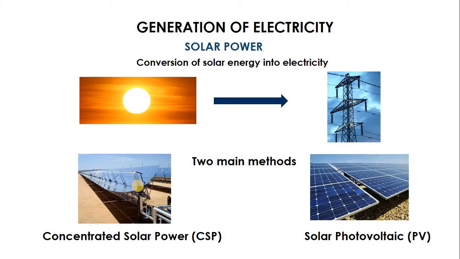There's a little write-up there for you to read, but I'm going to explain everything that you're going to see in the write-up. Generally, concentrated solar power technologies, like I said, use the heat energy from the sun. They find ways of concentrating the heat energy, and the way they do that is by using mirrors.